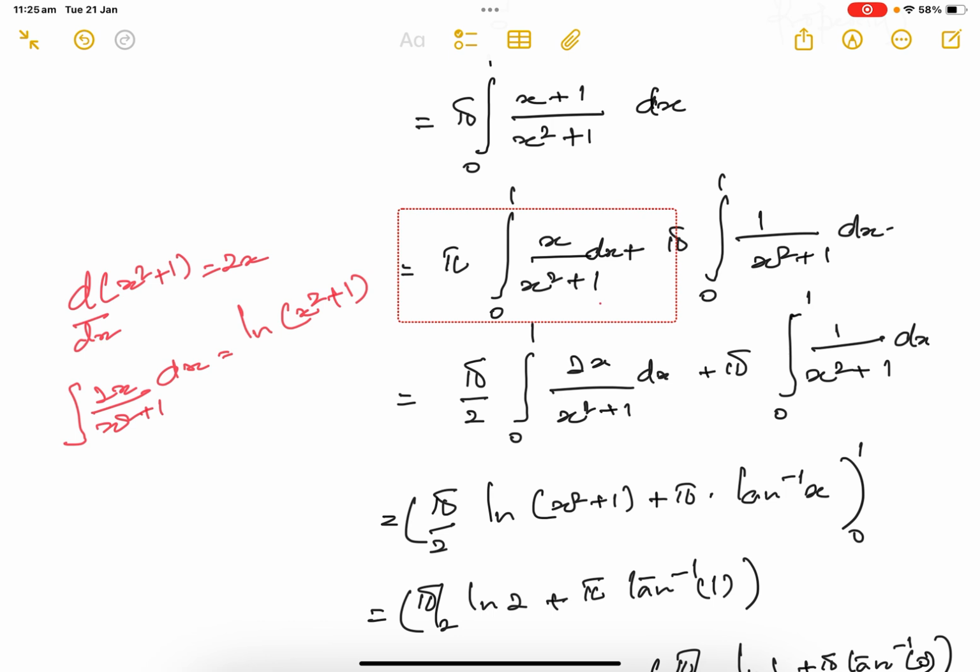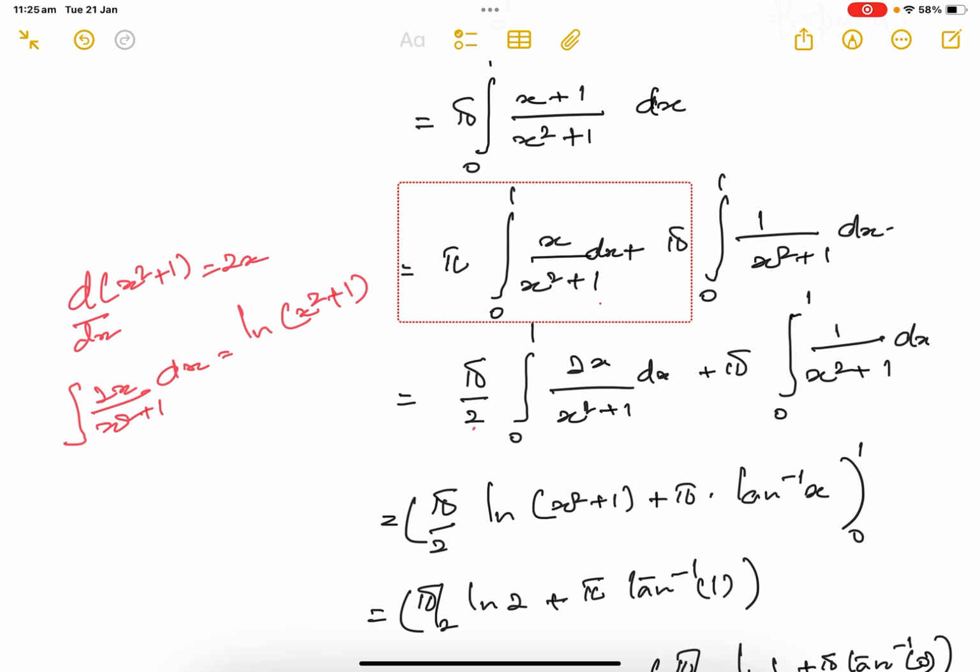So we multiply by 2 and divide by 2, and we can write the function again as π over 2 times 2x over (x squared plus 1), plus π times 1 over (x squared plus 1) dx. Nothing changed; all I did was multiply by 2 and divide by 2 to keep the function the same.